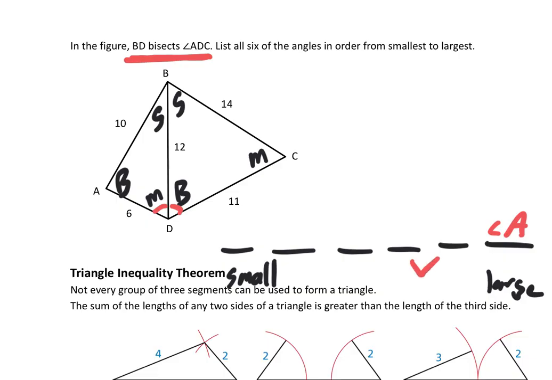And it doesn't matter which one goes where. The only difference here is we have to use 3 letters to name this one. So I'm going to say angle ADB and angle CDB. Those two can be interchangeable because they are the same measure, whatever that measure is. We just don't know what it is.